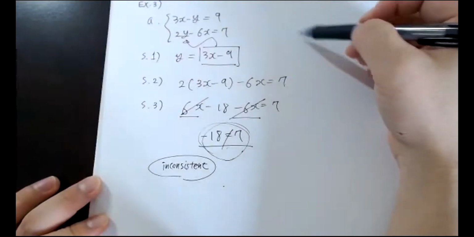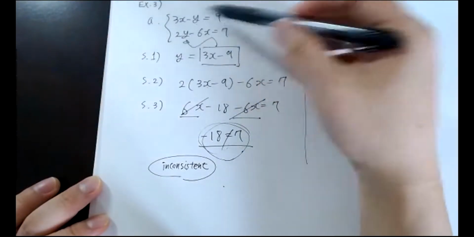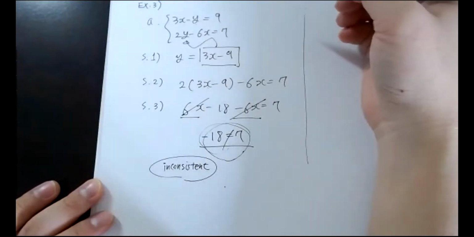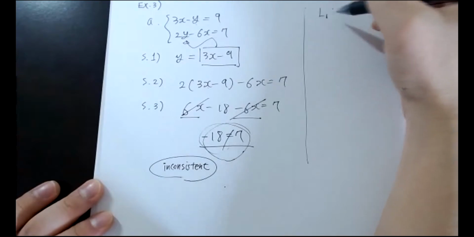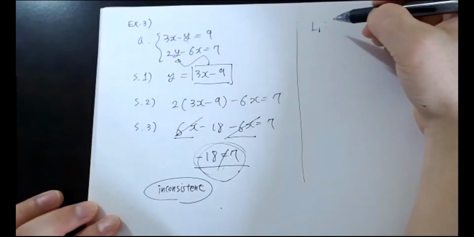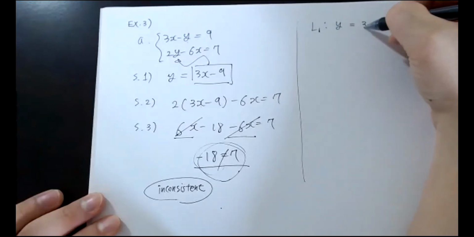Okay, keep this in mind. Let's figure out what happened in the system using the graph. So L1 is the graph of the first equation, y is equal to 3x minus 9, right?